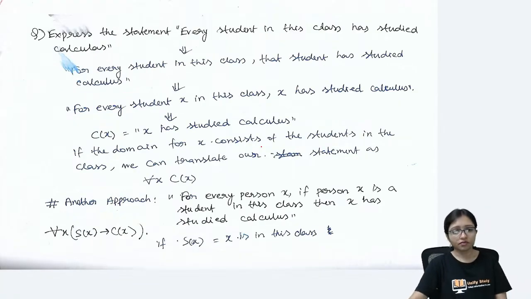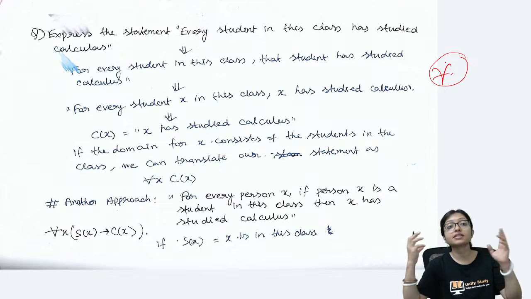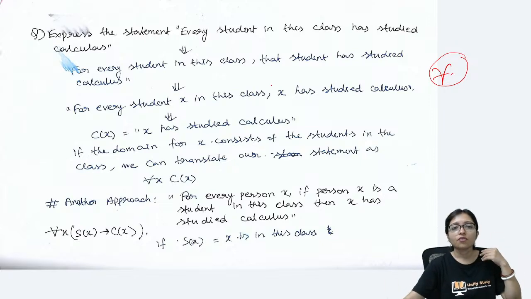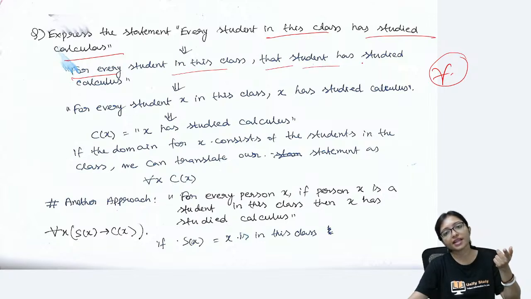Now, whenever I am writing for all, how to write for all? Everyone please concentrate. One sentence we can represent in different ways. For every student in the class has studied calculus. I am coming to the example. Every student in this class has studied calculus. For every student in the class, that student has studied calculus.